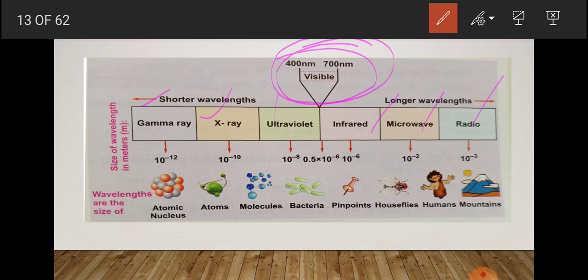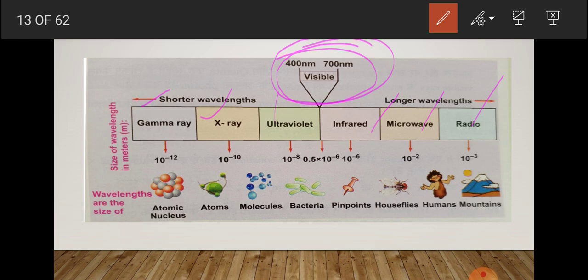When electromagnetic radiation interacts with matter, atoms, and molecules, it may absorb energy and reach a higher energy state. The atoms and molecules are unstable in the higher energy state. I have discussed this. Whenever the atoms and molecules absorb the energy, they will jump to a higher level, and at that higher level they cannot stay for a long duration or permanently.